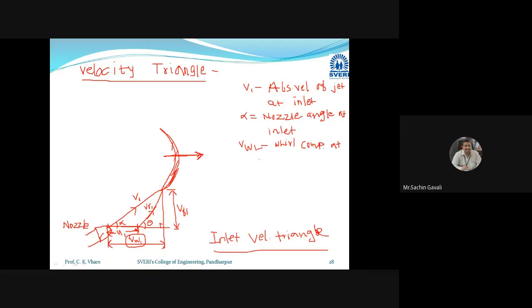VF1 is responsible for flow, so it is the flow component at inlet.